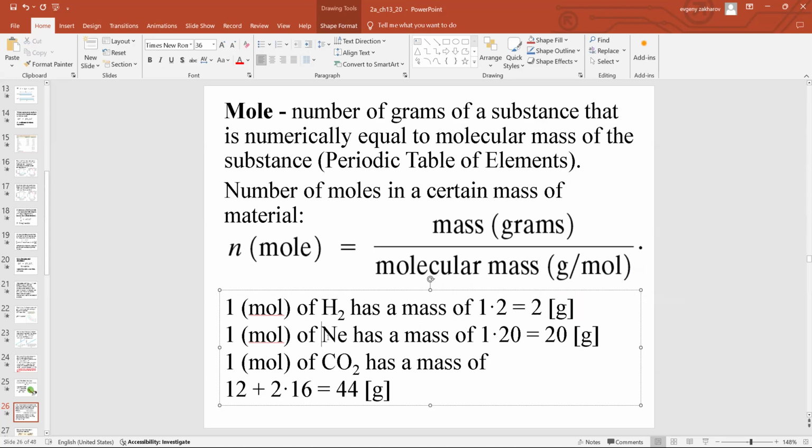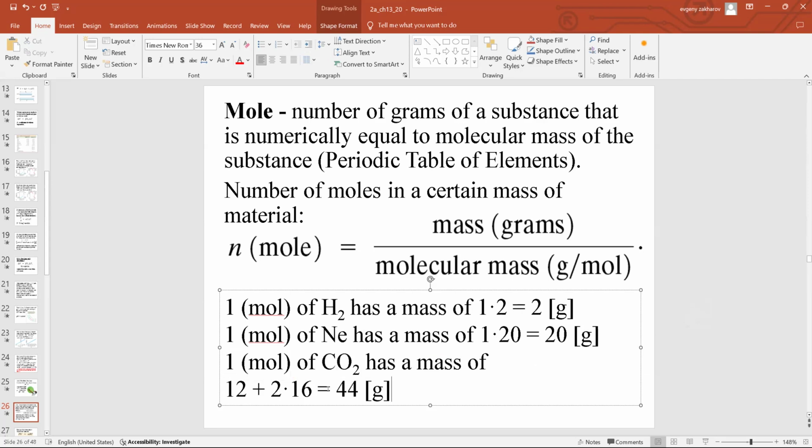If it's neon, then it's neon by itself. It's not neon 2, it's not neon 4. So it's just 20 is the number, and you multiply by 1, and you get 20 grams. For CO2, for complicated molecules, you have to add up everything that you have in terms of carbon and oxygen. For carbon, it's 12 units.